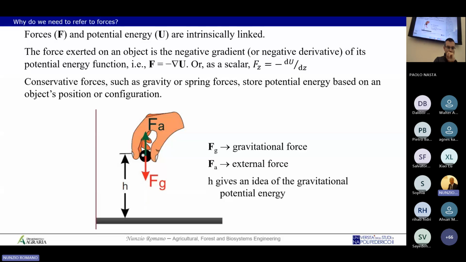I hope this is clear, but as I said before, the forces that act in the soil, vegetation, atmosphere system are a little bit more complex. This is why there is not only the gravitational force, the gravity, but even other forces generate a potential energy.